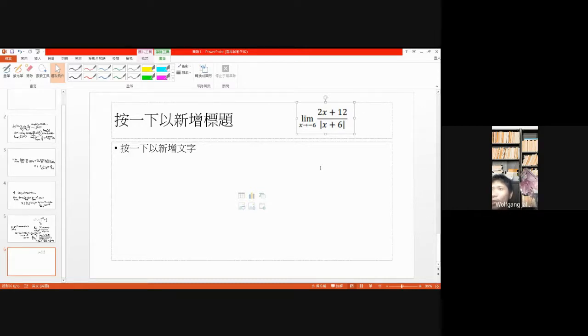Yes, it does not exist because the left hand limit doesn't equal the right hand limit. I think that's quite clear. Okay, I think that's all.